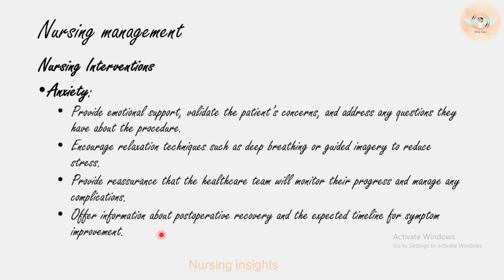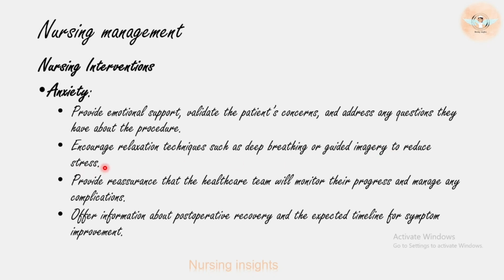So the next is anxiety. How can we reduce anxiety in the patient? We can give emotional support and validate the patient. We have to hear their concerns and address any questions they have about the procedure. Encourage relaxation techniques such as deep breathing and guided imagery to reduce stress.